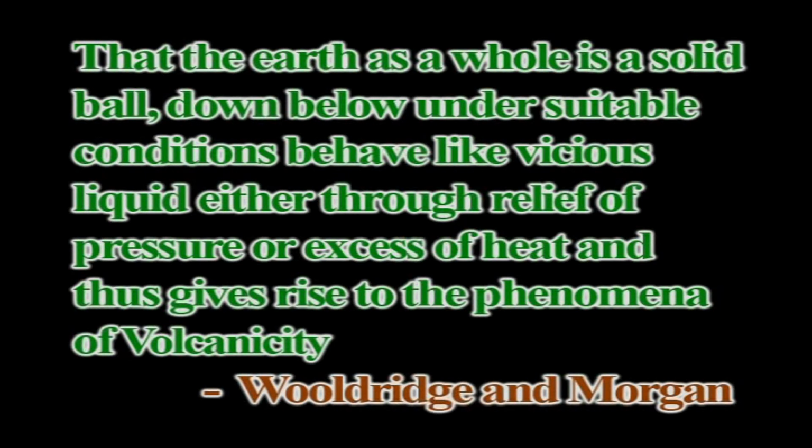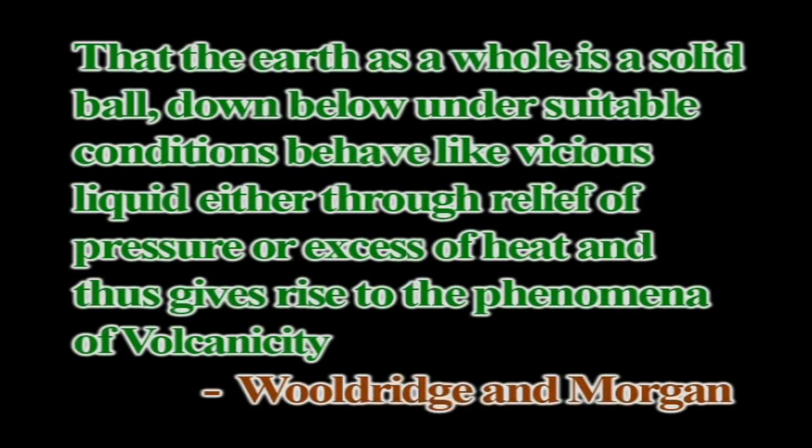Hence, with reference to the internal structure of the Earth, according to Ulrich and Morgan, the Earth as a whole is a solid ball, which down below under stable conditions behaves like a viscous liquid, either through relief of pressure or excess of heat, and thus gives rise to the phenomena of volcanicity.